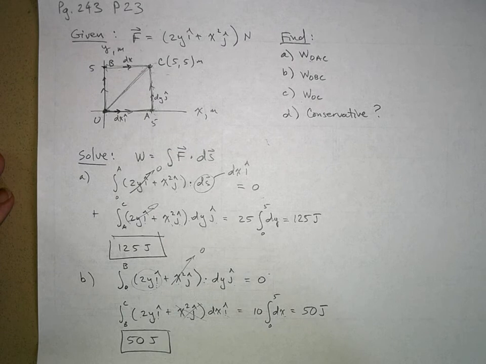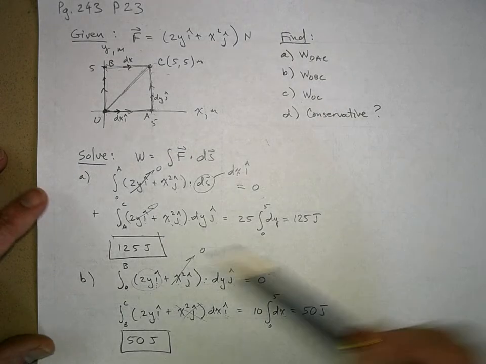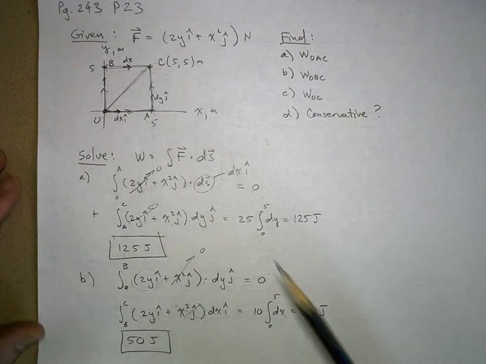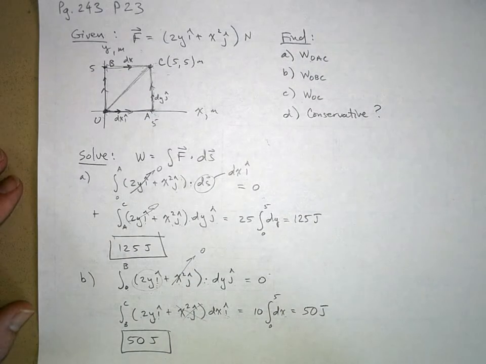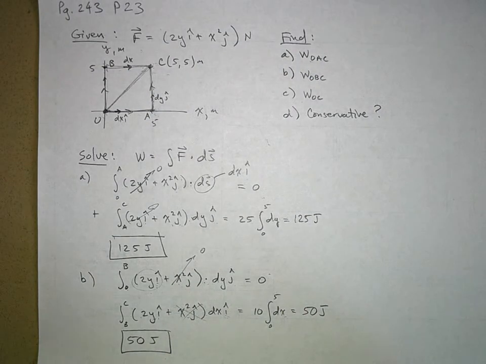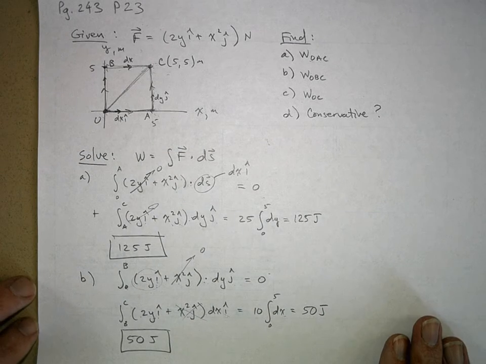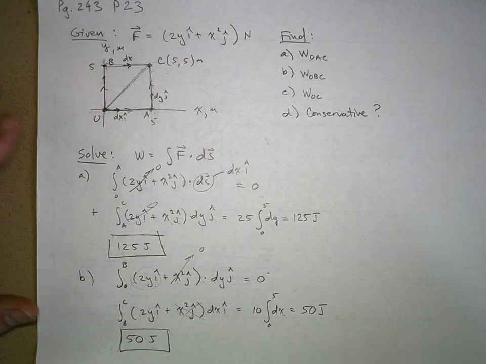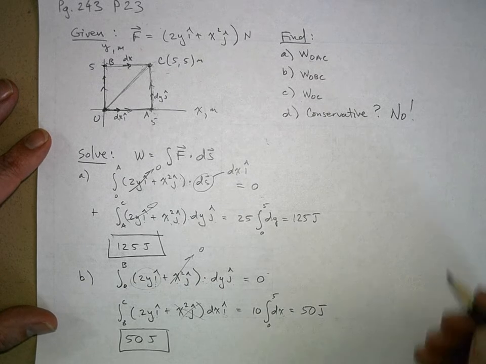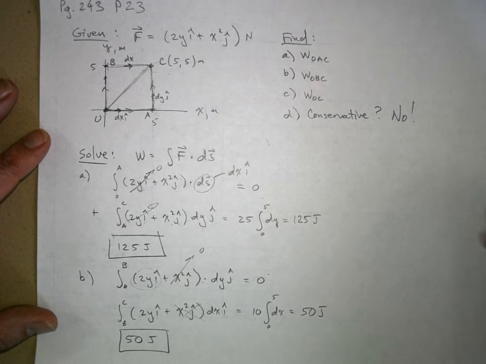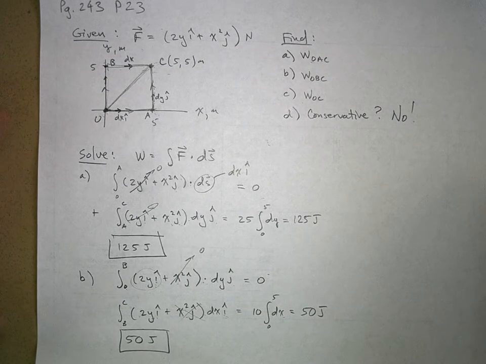Yeah, it wouldn't matter what the path is. If I went from O to A to C, it would take the same amount of work as going from O to B to C. All right. So the answer to D is, I'll just put no. And they have to explain.